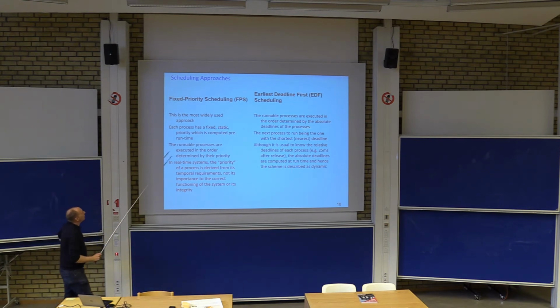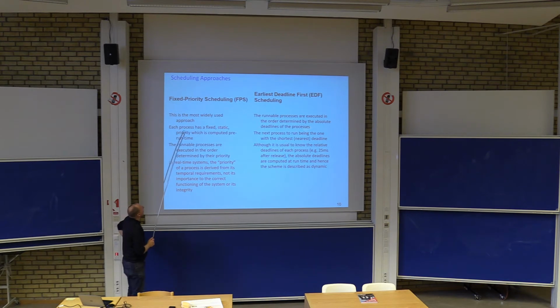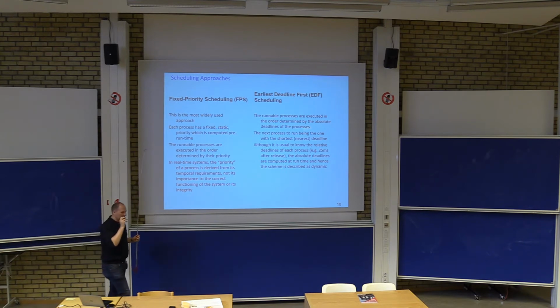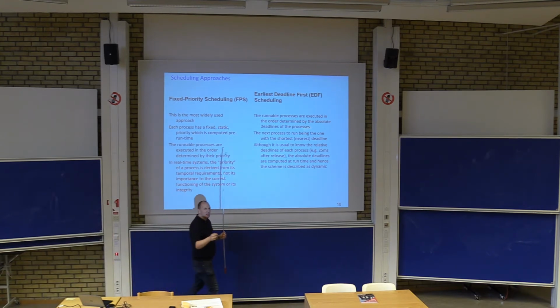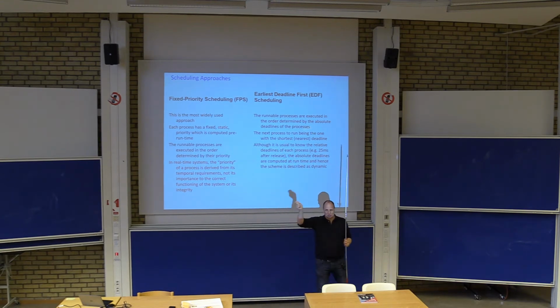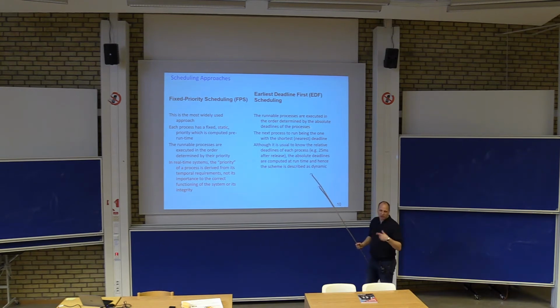And we will go into two different scheduling principles. We will start with the fixed priority scheduling, called FPS, which is what we have talked about so far, that when you write your program, you assign a fixed priority or a static priority to your task. So you will give it a number, 5 or something like that. And this does not change during the execution unless you have priority inheritance enabled or something like that.